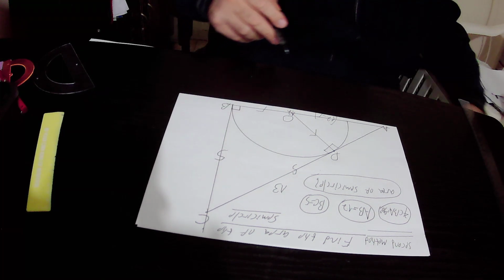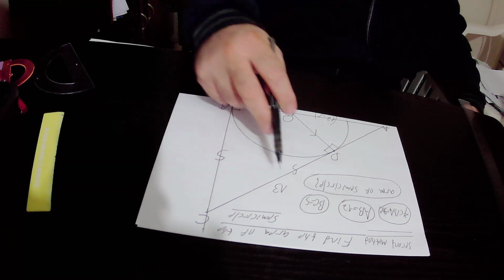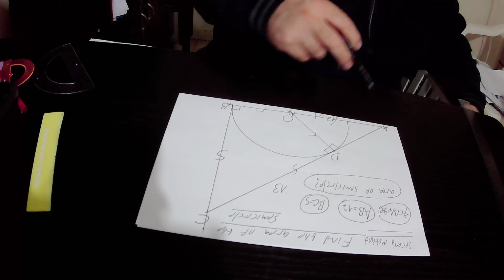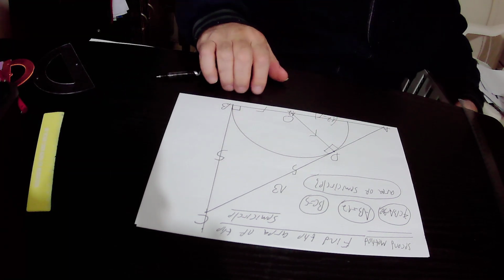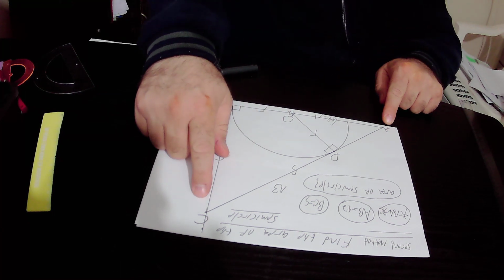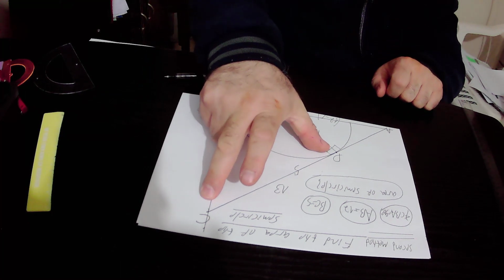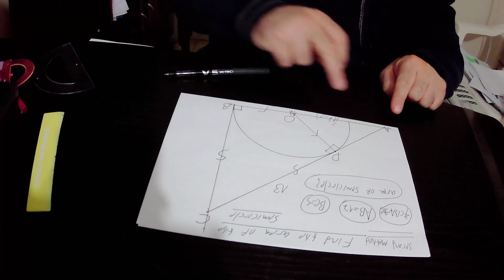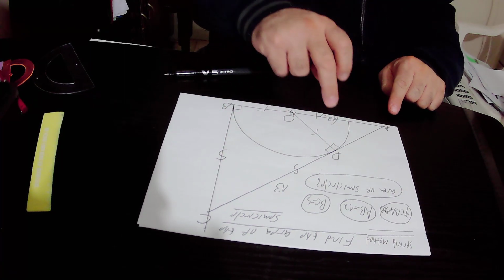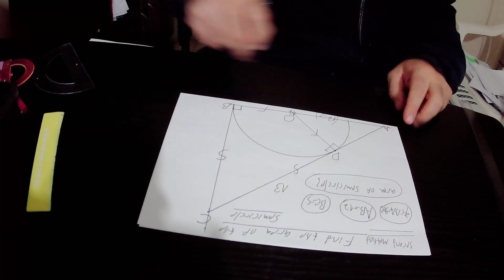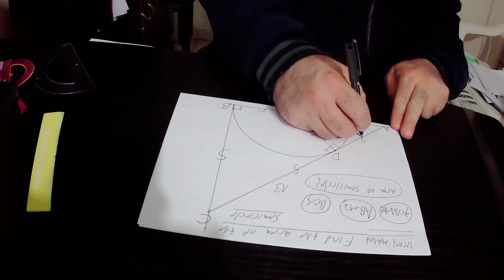But we have already found out that the hypotenuse AC equals 13 units. So AC minus CD will be equal to AD. Again, AC, the hypotenuse, minus DC will be equal to AD. AC is 13 units, DC is 5 units. So 13 minus 5 is 8 units. So AD equals 8 units.